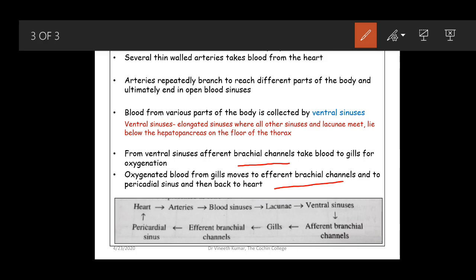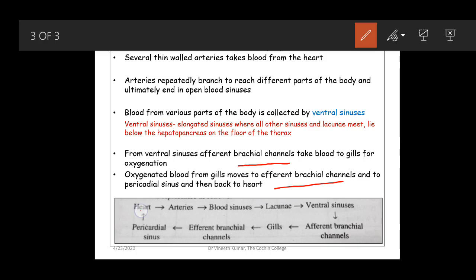But when those spaces become tubular, they are called channels. And these channels, the sinuses and the lacunae, these three components are what designate the circulatory system to be open type. So we'll explain this particular chart of the flow of blood once again.